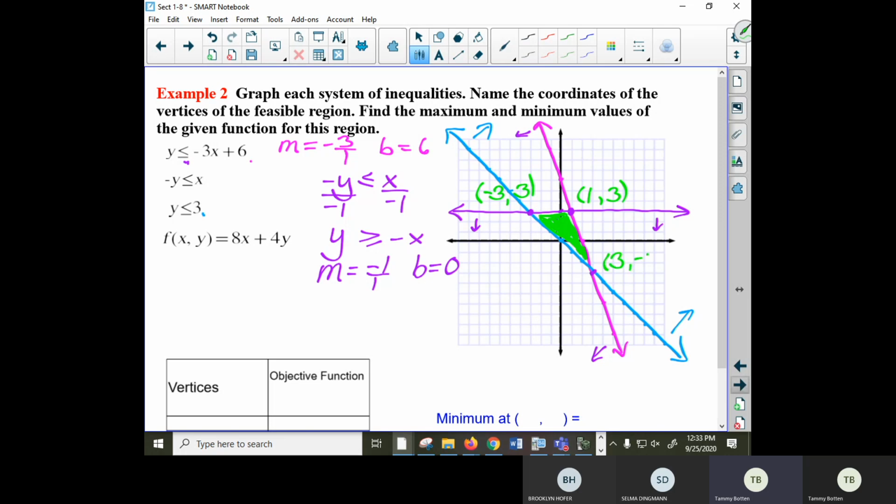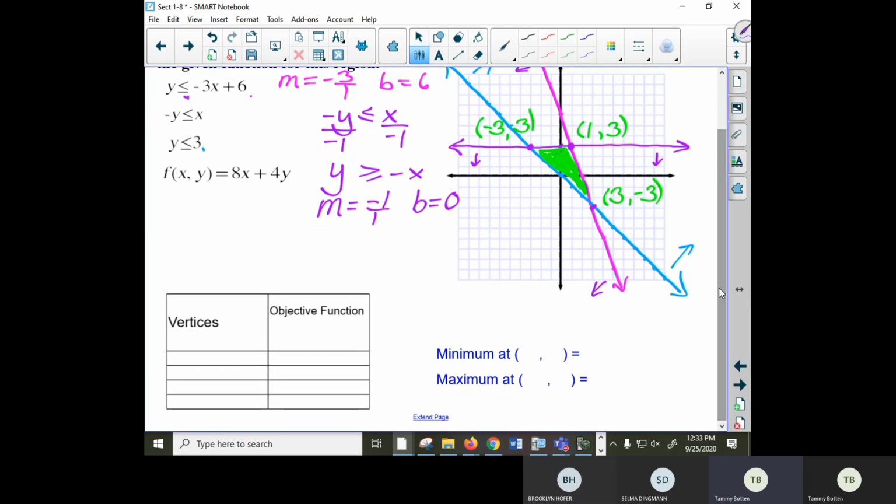So it's 3, -3. I don't know if you can read that green at all, but hopefully you can. So I'm just going to copy those vertices down here in any order. -3, 3, 1, 3, and 3, -3.